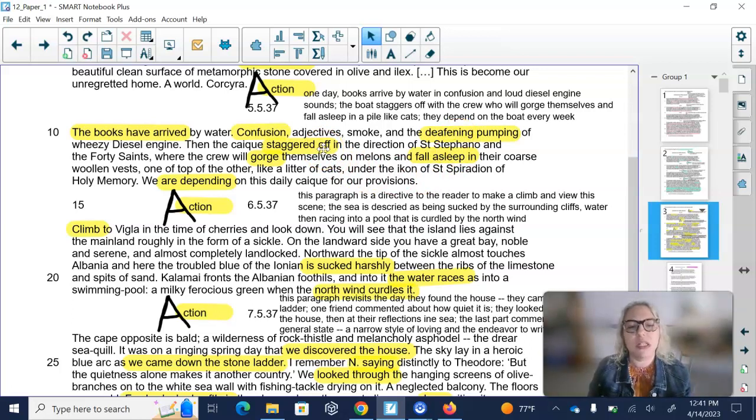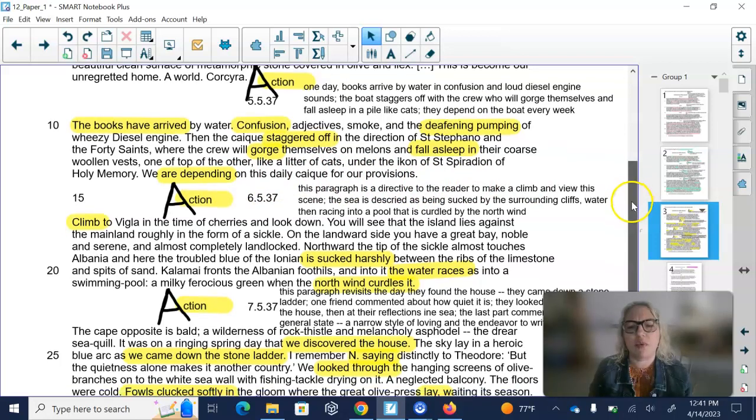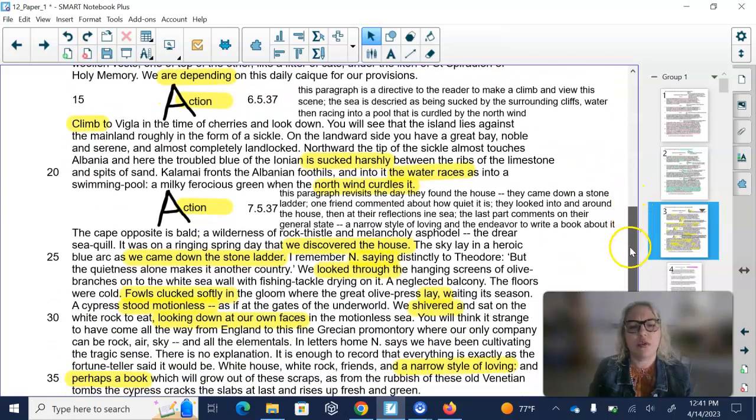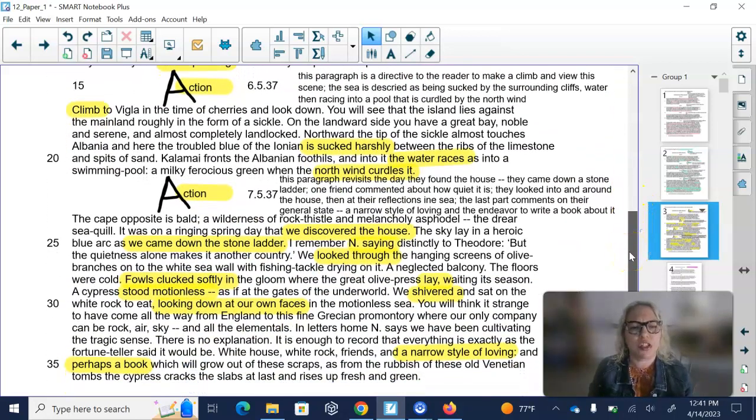But the boat leaves, and then he imagines what the crew will do. They'll eat a lot, gorge themselves on melons, and fall asleep in a pile like cats. And they depend on this boat every week for their food and whatever they need, their provisions.